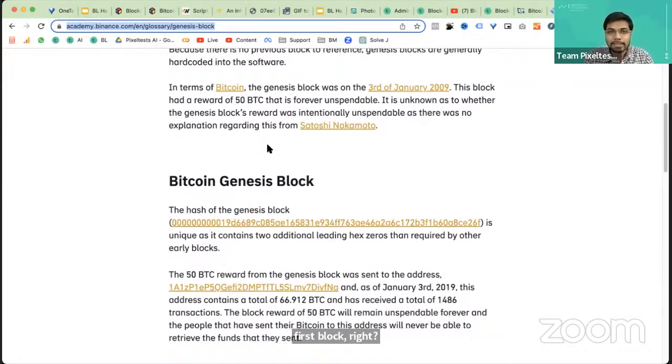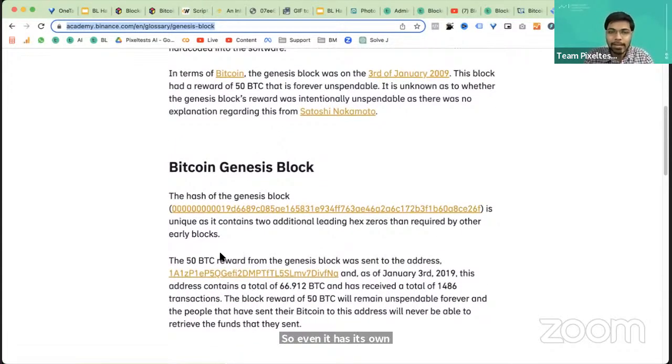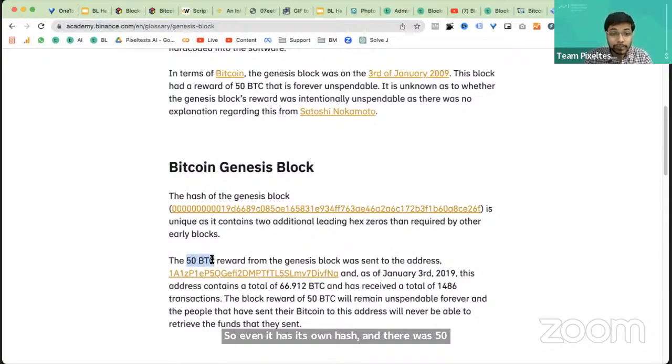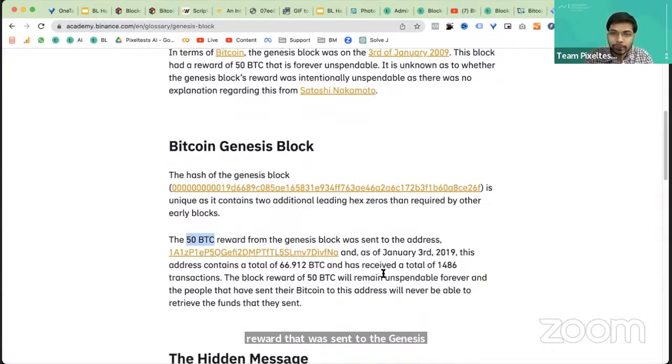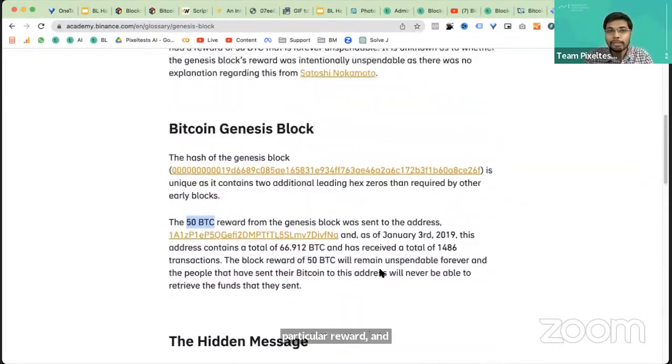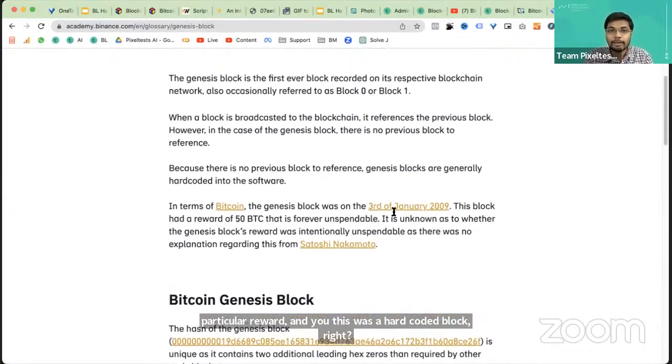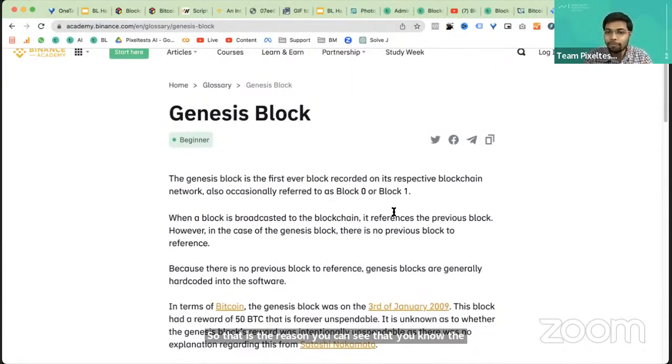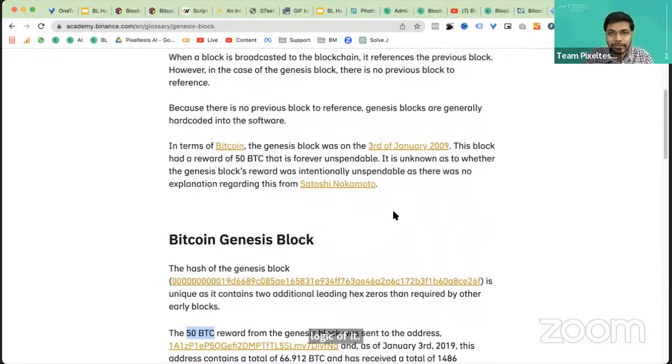It has its own hash, and there was a 50 Bitcoin reward sent to the Genesis block, and this was a hard coded block. So a little of the information we do not have clearly, right?